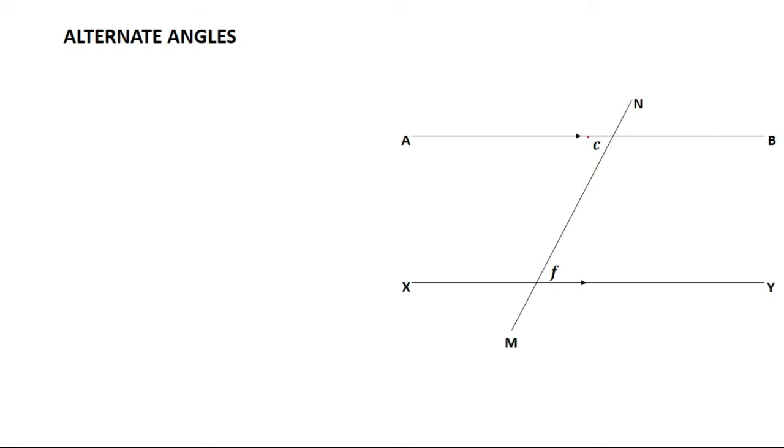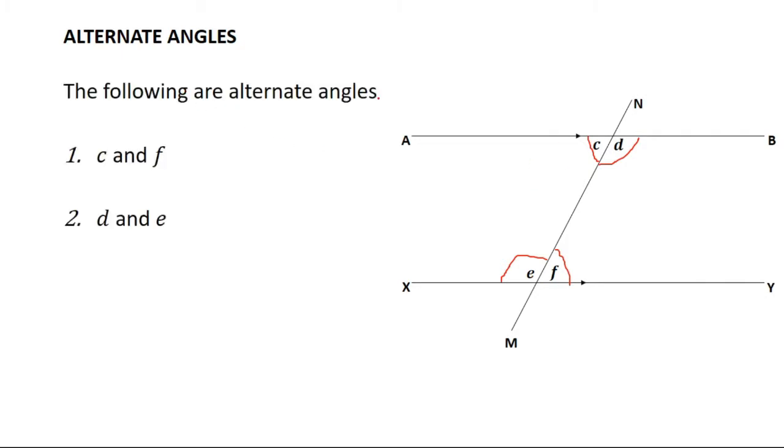We can also have this angle here which is angle D, then this angle here which is angle E. So C and F are alternate angles, and D and E are alternate angles.